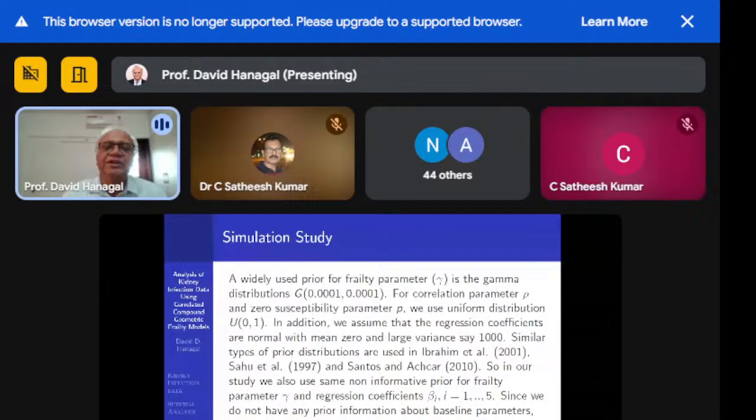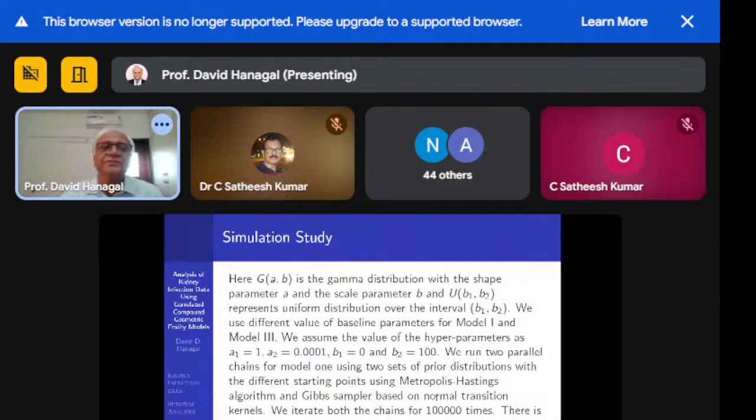We have done some simulation studies with sample size 50, and we have taken some priors, uniform priors and gamma priors. This literature you can get in Ibrahim, Santosh, Achar and Sahu. I'm skipping some things because I'm running out of time.